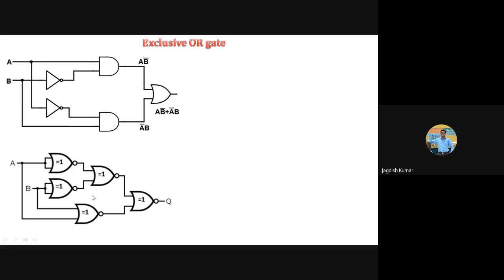So this is 0, and here we were saying both A and B are 0. When both A and B are 0, then again what will be the output here? 1, isn't it? So one input here is 0, other input here is 1. So what will be the output at Q?